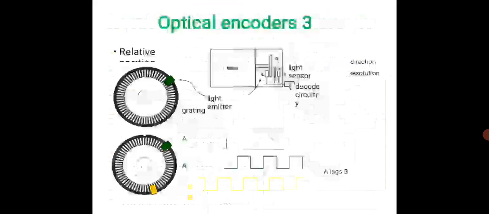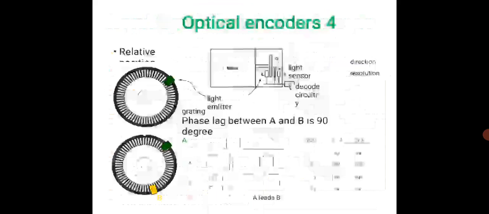You can see here a square wave generated which is denoted by A, and similarly one more which is denoted by B. Here A is lagging B, and the phase lag between A and B, as you can see from the figure, is only 90 degrees.